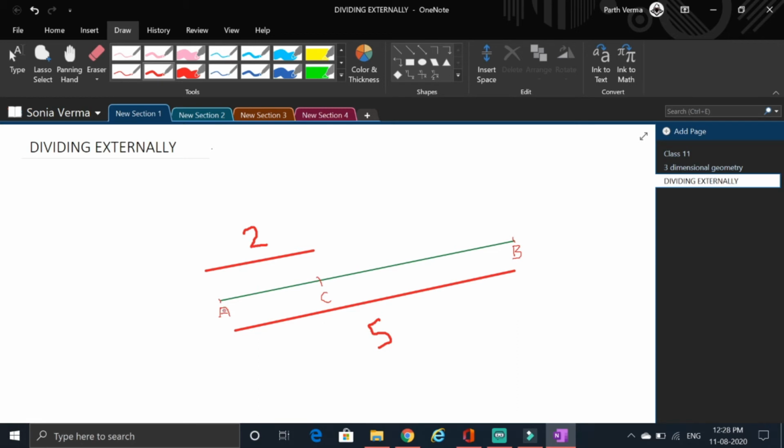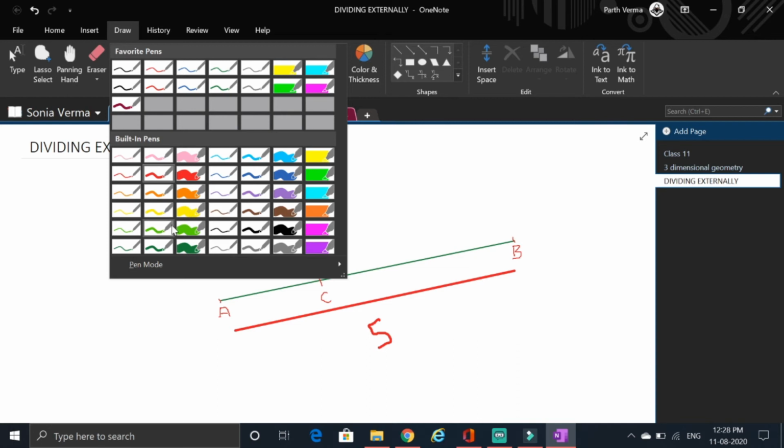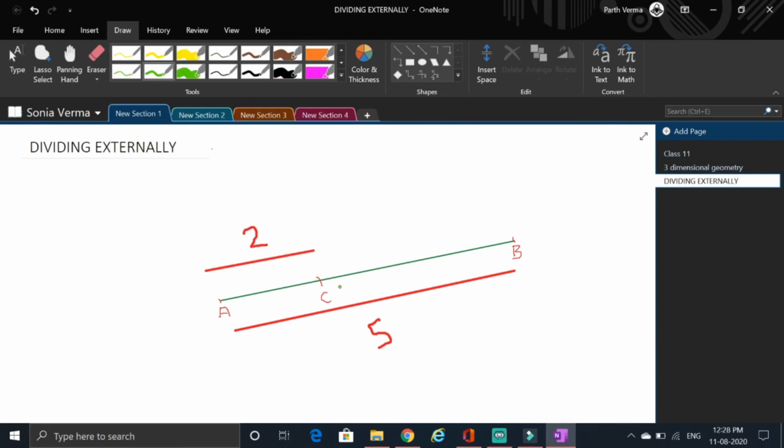Now, if you are given the coordinates of the points, meaning the end points of the line segment, then you should be able to find its coordinates using this ratio of 2:5. Either you create a new formula for this, as we generated the section formula for internal division, or you may use the same formula. How?